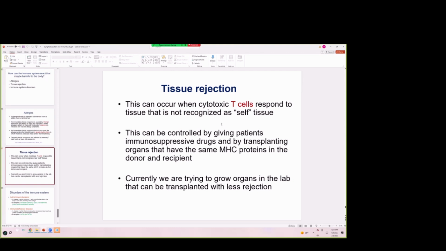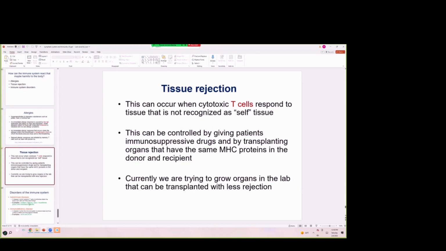But sometimes tissue rejection also happens in a situation where somebody has a damaged organ or damaged tissue, and they require tissue from some other person to be able to keep them alive, so they will do transplanting. So you are better off taking the tissue or organ from somebody else, but now they would always have immunosuppressive drugs to make sure that their immune system does not totally fight and destroy that tissue.